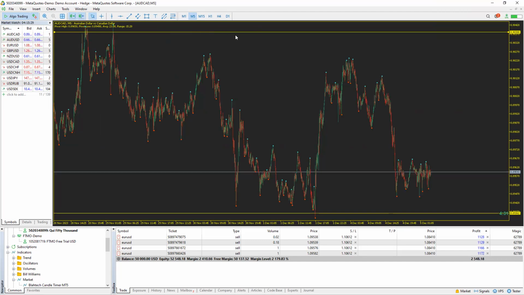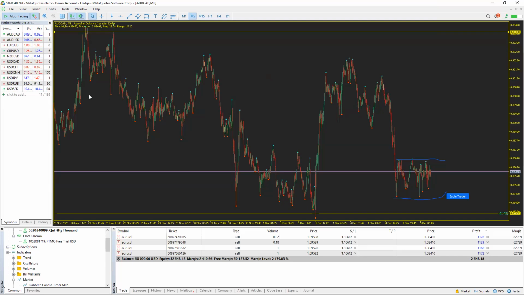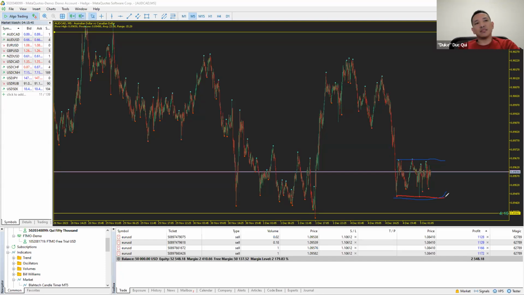So the yellow is the hourly and even the daily, right? It should be first. And where's the next one? Exactly. So those two are your KPIs because if it breaks this right here, we're going here. There's nothing in between.